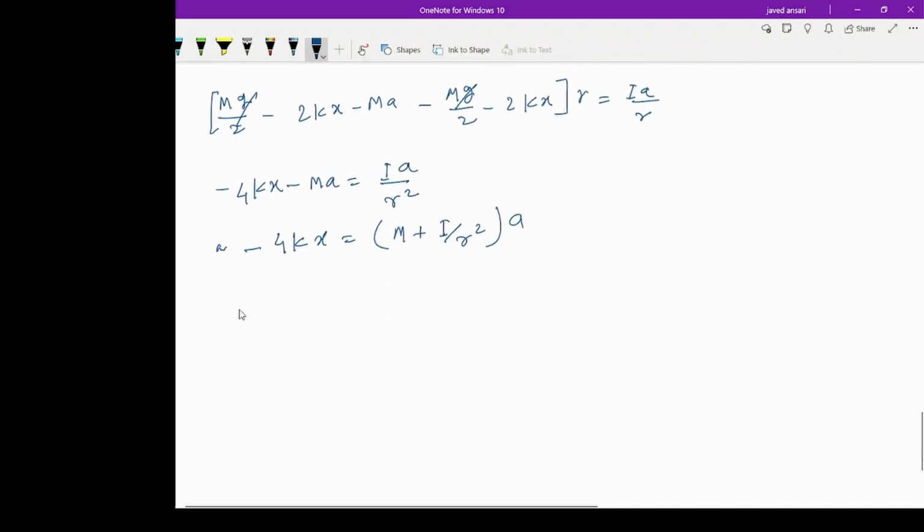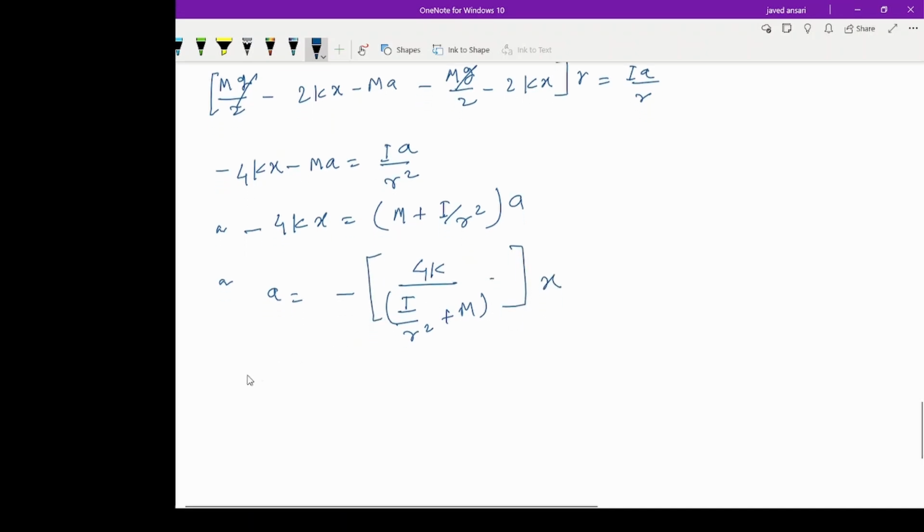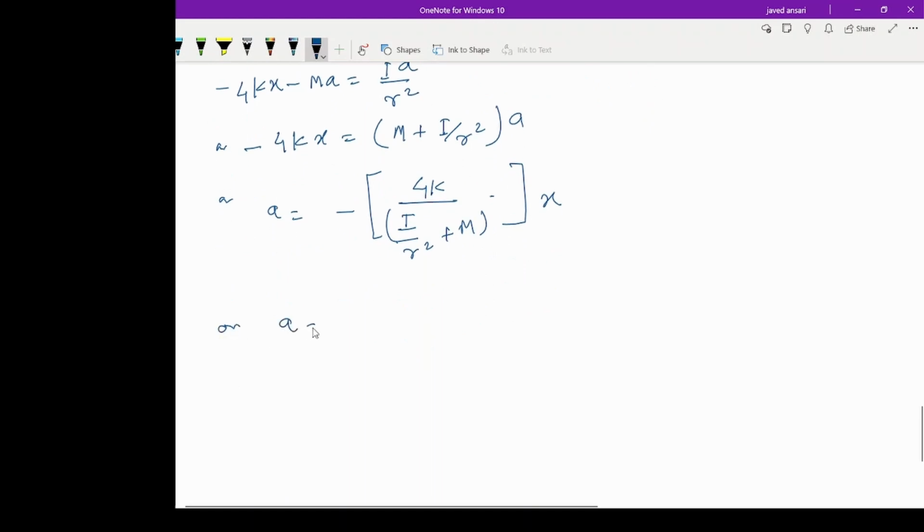This you can also write a equal to minus 4k by (I by R square plus m) times x, or a equal to minus omega square x, where omega square equals 4k by (I by R square plus m).